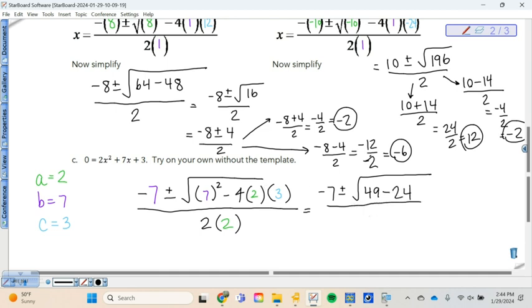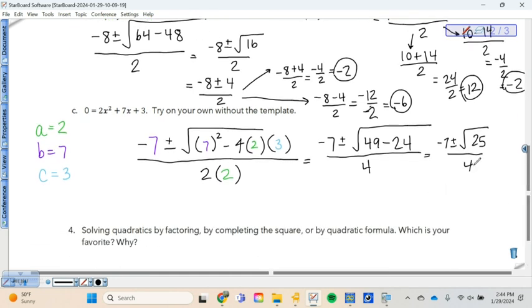Divided all by 2 times 2. 4. Okay, now let's do the subtraction. What's 49 minus 24? 25. So I have negative 7 plus or minus the square root of 25 divided by 4.